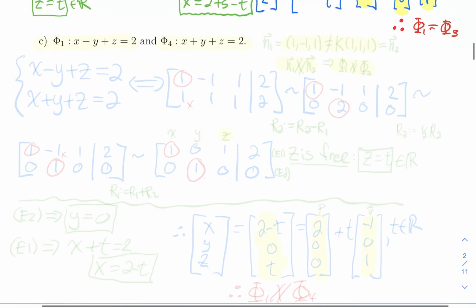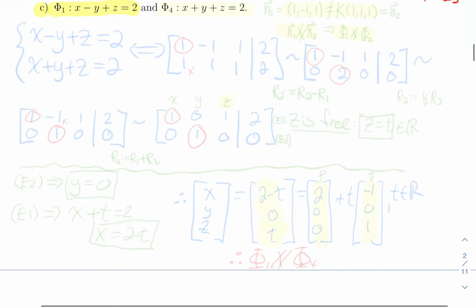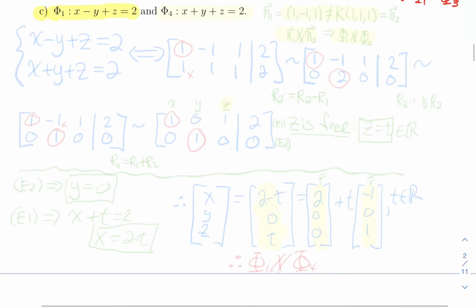So next example, last example, C. We have the same phi1, x minus y plus z is equal to 2, but now phi4 is x plus y plus z is equal to 2. Again, as a remark, n1 is equal to (1, -1, 1), but n2 is (1, 1, 1).